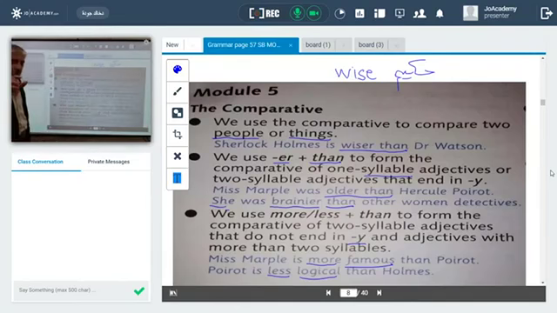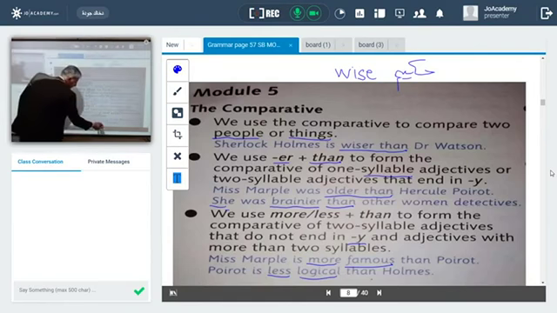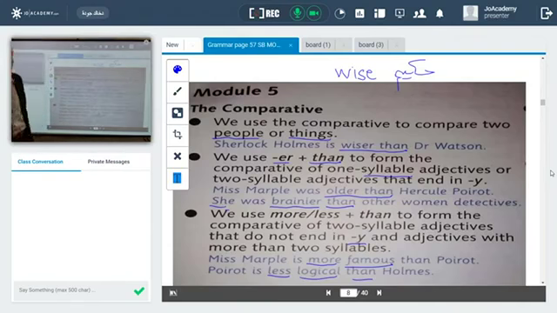Logical has three syllables. Than Holmes. So we added less. So if it is positive, we put more. And if it is negative, we add less. So if I want to reduce, I say less. If I want to make it positive, I add more before the adjective.